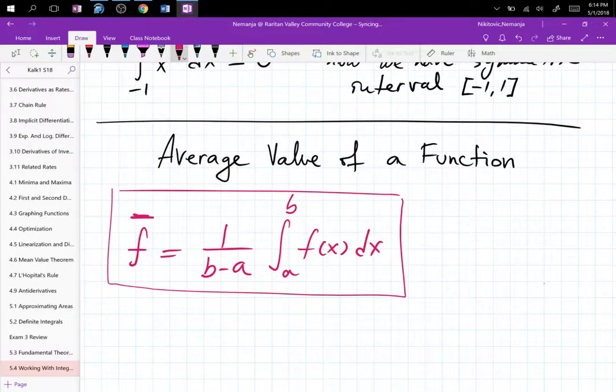So if you have a word problem, let's say, and it's asking for averages, well, there you go, right? It's the average accumulation over some time or distance, whatever. You're just averaging.